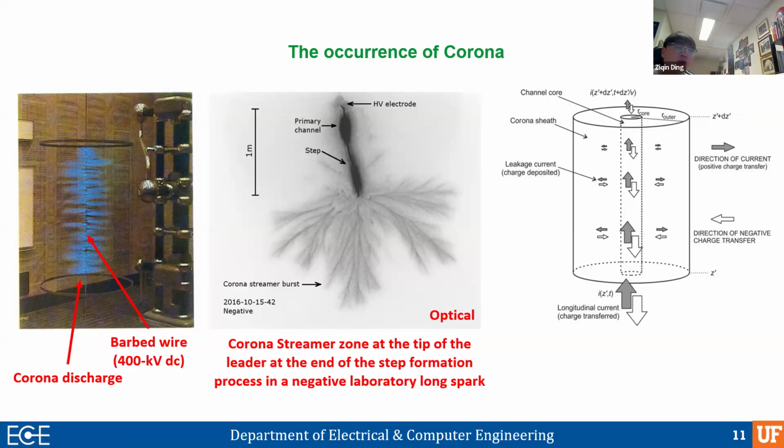When the charges move inside the lightning plasma channel, there will be a leakage of current, and guided by the electric field, it will show as a streamer emission.